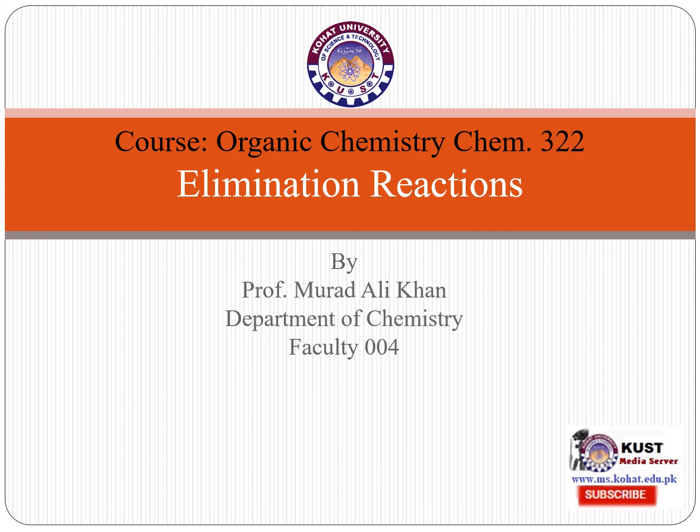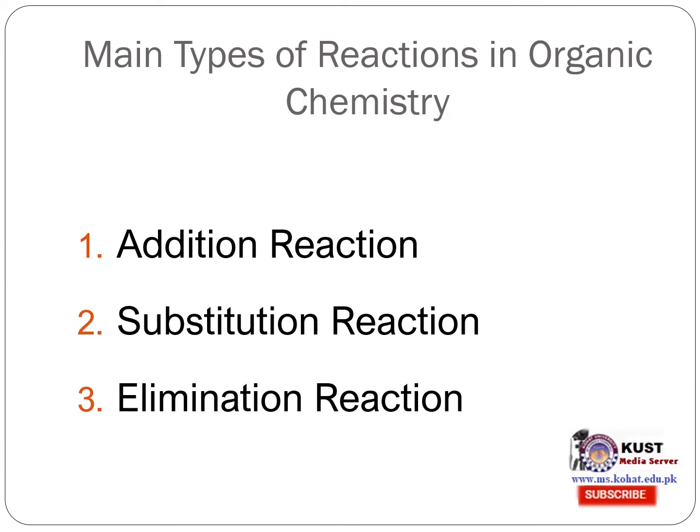But before going to the elimination reactions, we will refresh our memory about different organic reactions we come across normally, that is oxidation reactions, reduction reactions, then come the amination, sulfonation, and so on. But the most important types of reactions, or main type of organic reactions, are addition reactions.